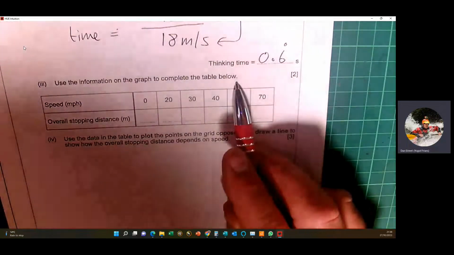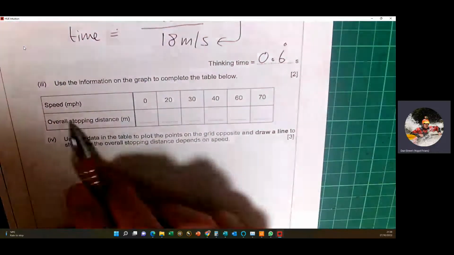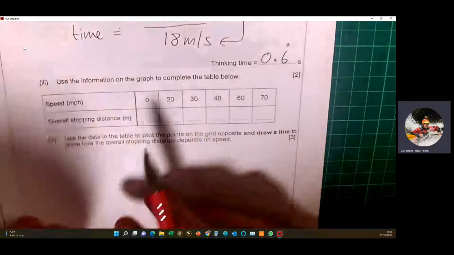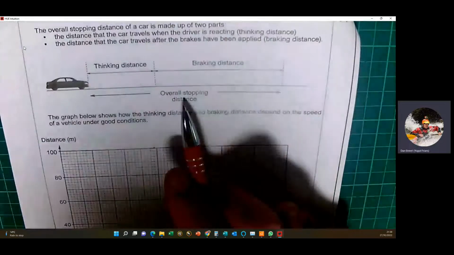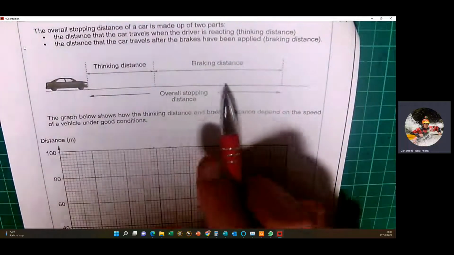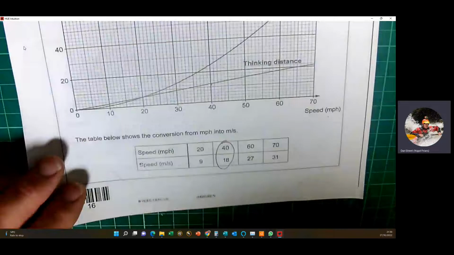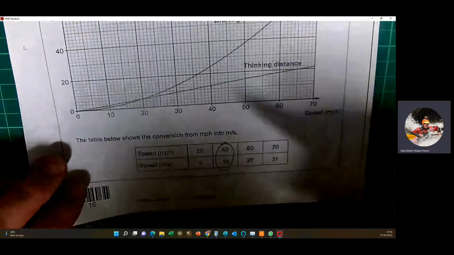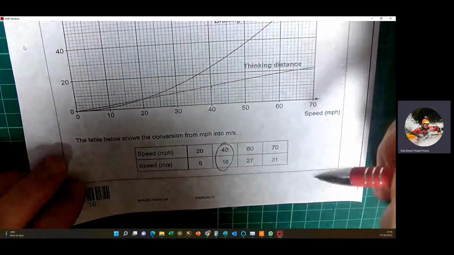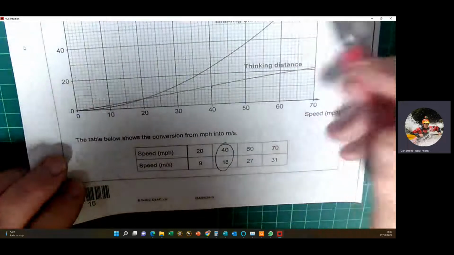Okay, the next question, it says use the information on the graph to complete the table below, and so it wants us to calculate the overall stopping distance. So if we go back to the previous page, we notice that overall stopping distance is the total of the two other distances, the thinking and the braking. So what we need to do is read the graph carefully and work out what the overall stopping distance is using these two values.